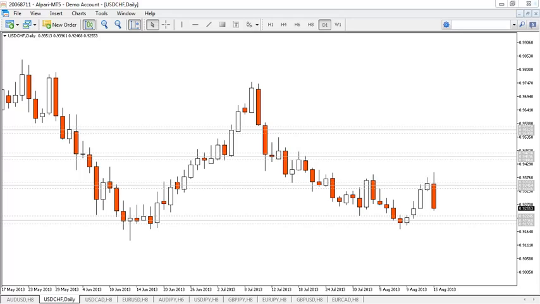So I say switch out of demo as soon as you possibly can. As soon as you find a strategy that you think is working for you for maybe a month or two, switch to a live account. But the most important thing is never switch to a live account with something like $2,000. Start small, start very small. I'm talking $100. You're not going to make a fortune from the $100.